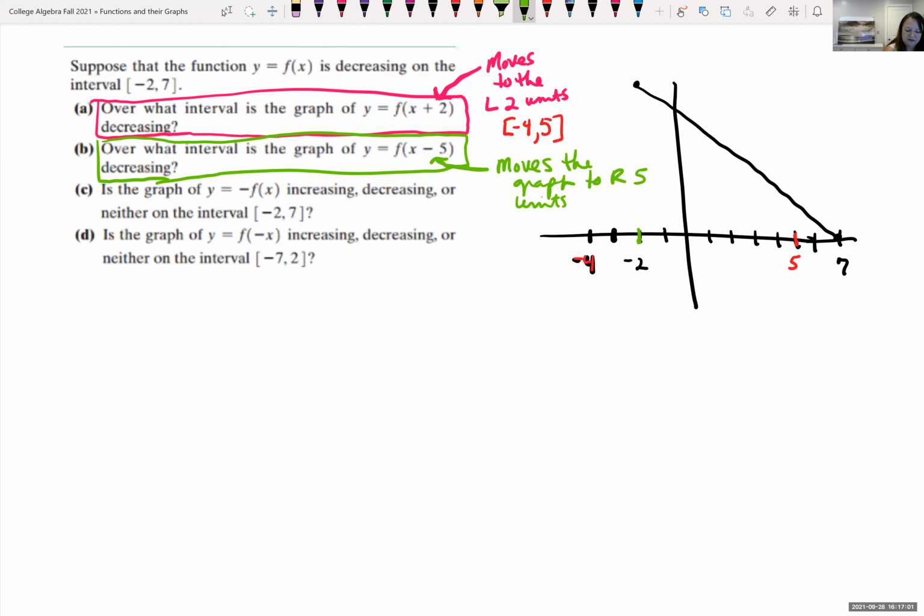If I'm moving my graph to the right 5 units and I'm starting at -2, well, -2 plus 5, so this is going to start at 3. It was stopping at 7 before, but if I move it to the right 5, 7 plus 5 is 12. So the graph will be decreasing on the interval (3, 12).